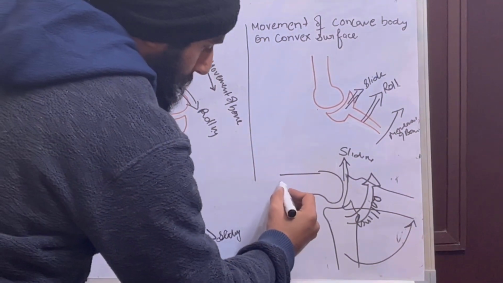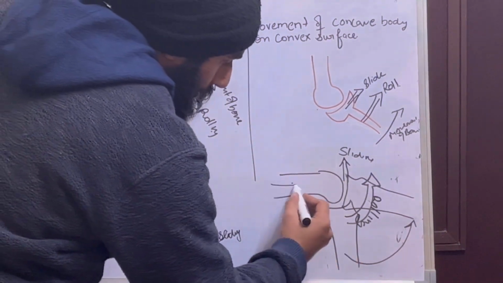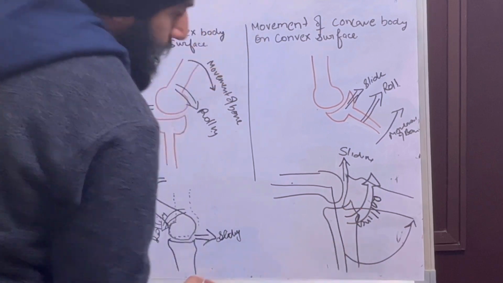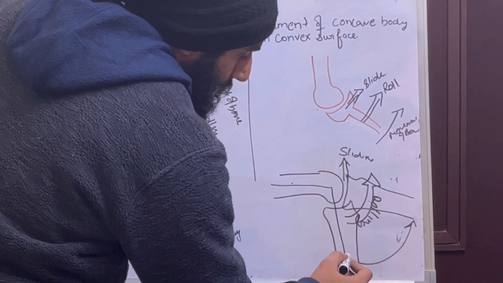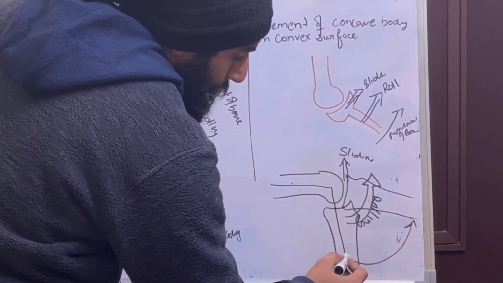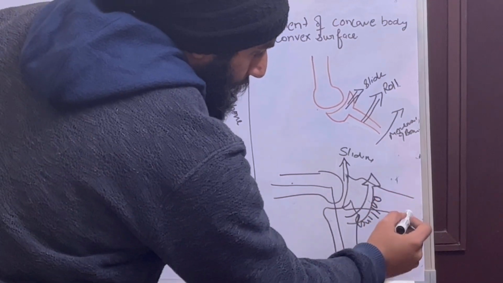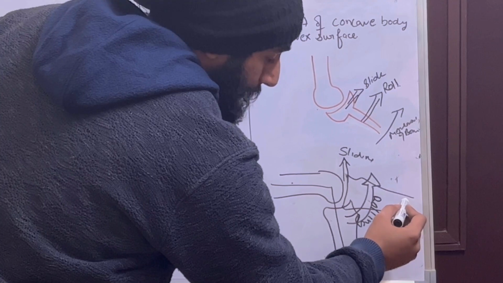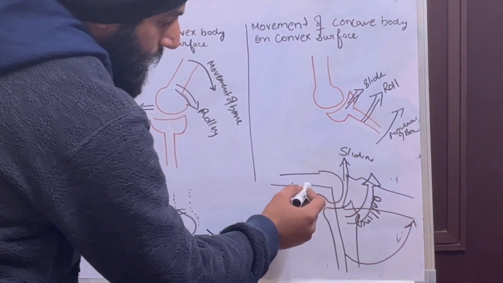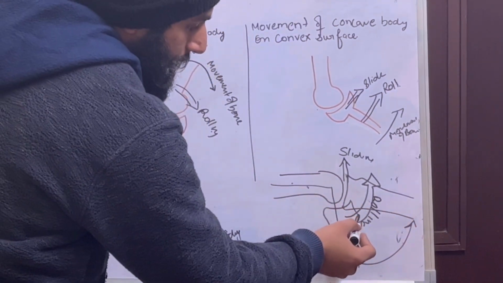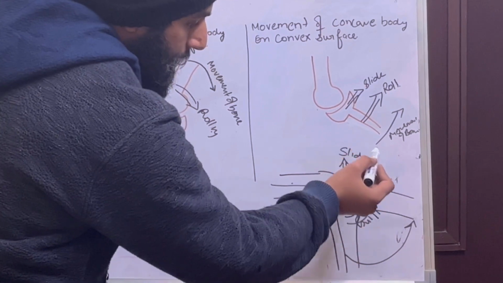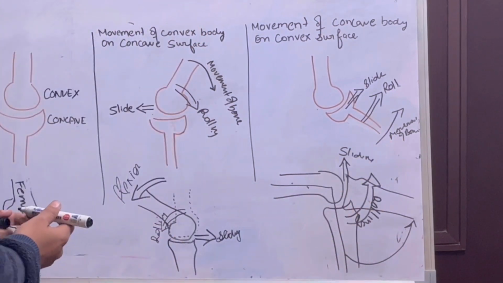This is the femur, this is the tibia. Firstly it is at a right angle, but then the subject is asked to extend his knee. So there is extension of the knee with the movement of the tibia over the fixed femur. There is rolling and sliding in the same direction, that is anteriorly.